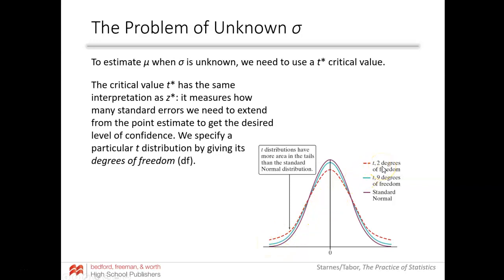Well, we're going to have what's called degrees of freedom, where we kind of want to replicate the normal distribution, but like we can see, this red one here, that's with 2 degrees of freedom, and it's not matching up with the purple one at all. So you'll notice the spread of it is not quite what we're looking for. So they modify the critical values so that you have a more appropriate margin of error, and that's where these t star critical values are coming from.